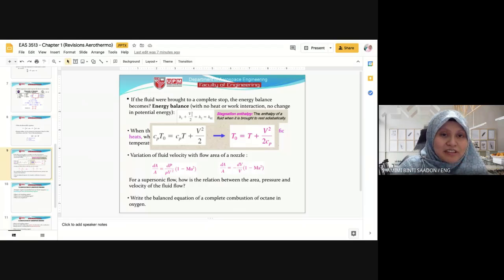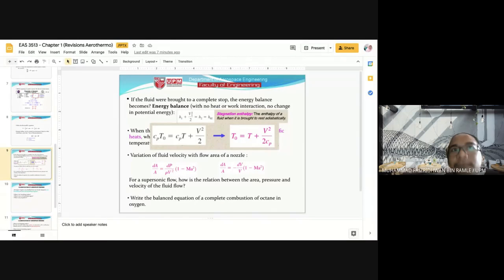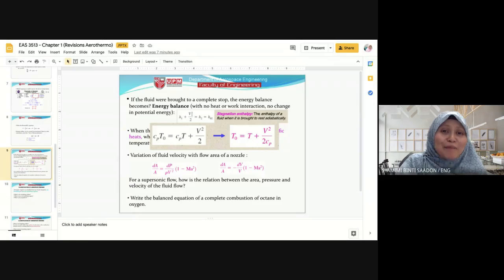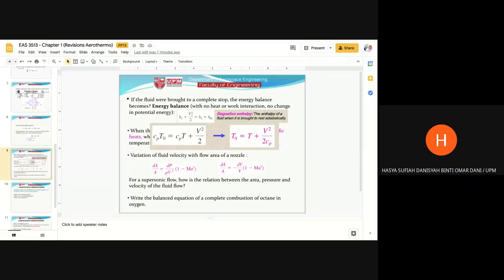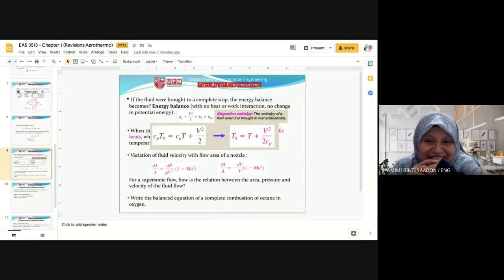Not the exact value, but is the Mach number smaller or larger? For subsonic, for supersonic, sonic? More than one, larger than one.